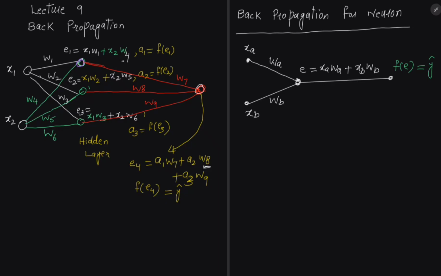First of all, let me define f dash E. F dash E is defined as what we want to optimize. First, the question is what we want to optimize. We want to optimize these weights.